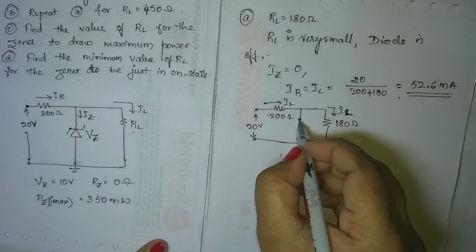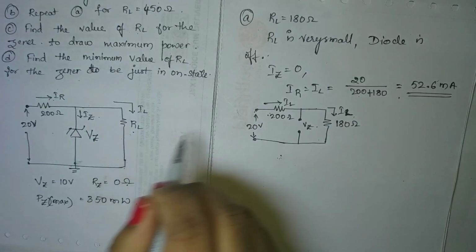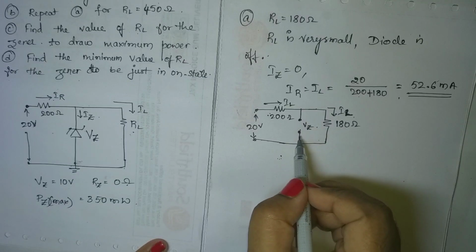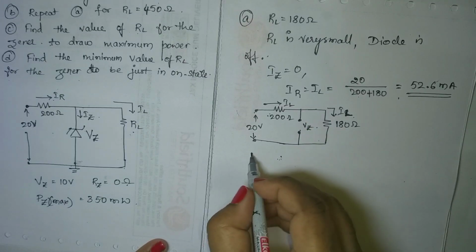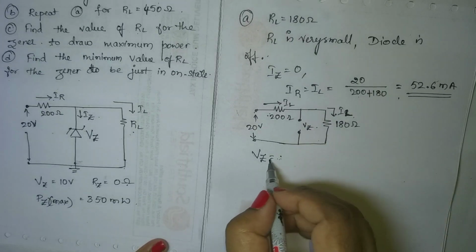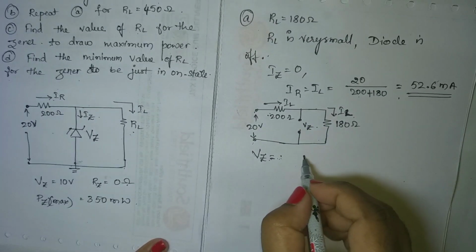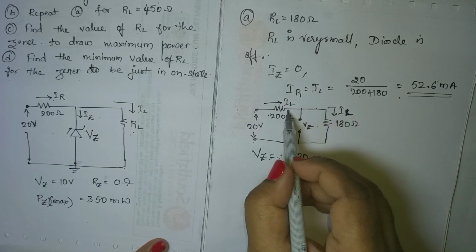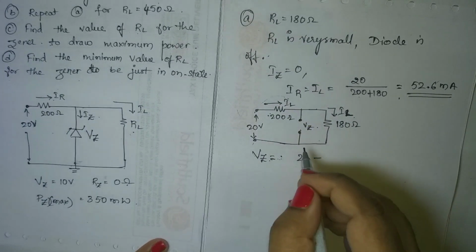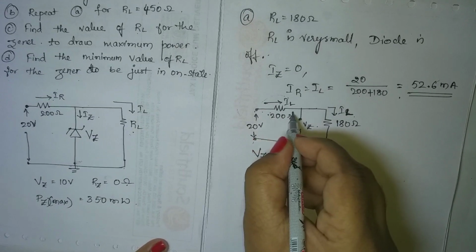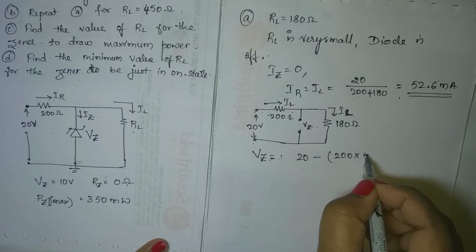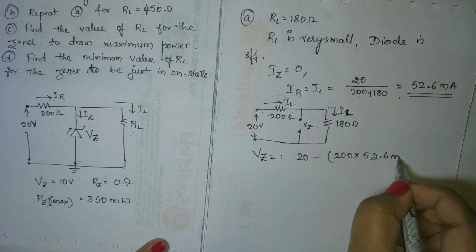Now I need to find the value of VZ, right? Yes, it is an open circuit, so you don't have current, but you can find the voltage drop across it. VZ is equal to the applied voltage, 20 volts, minus the voltage drop across this resistor. If you remove it, the rest is your VZ. The voltage drop across this is current into resistance, that is 200 into 52.6 milli.